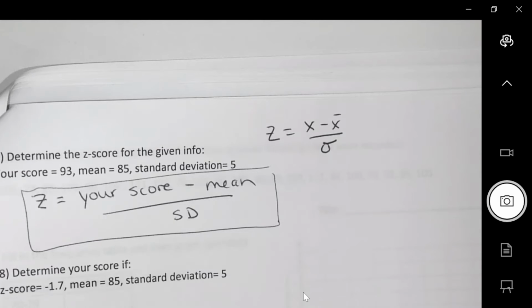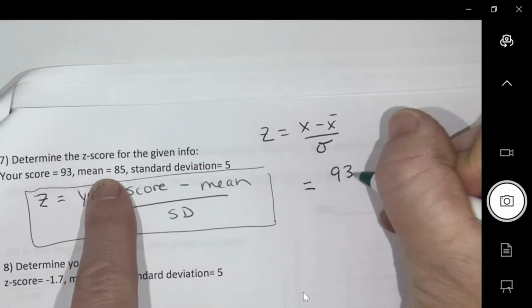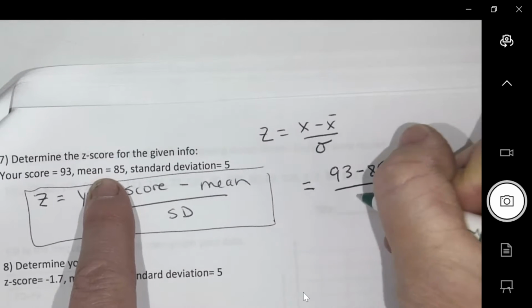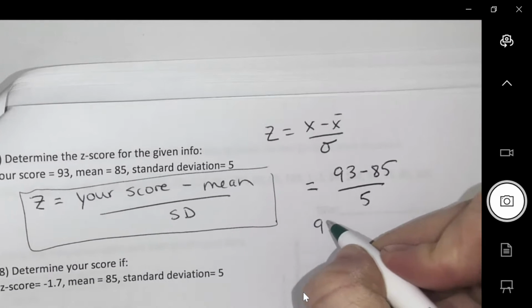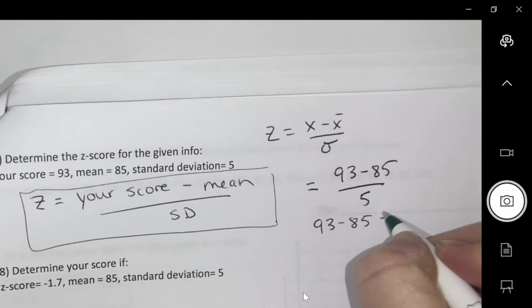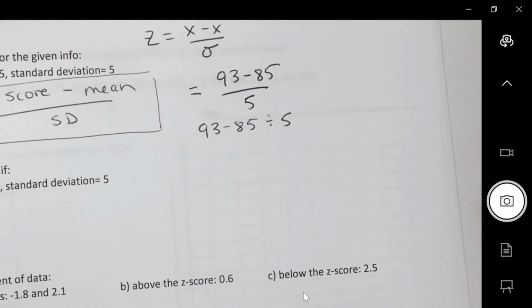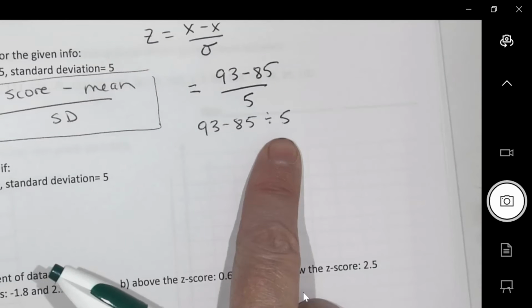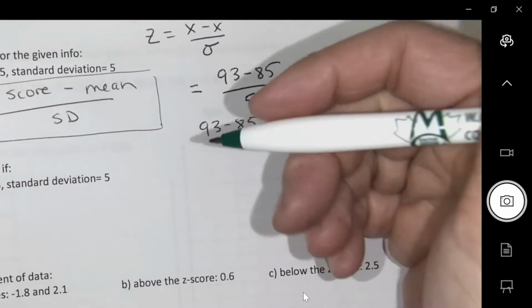Okay, so here we go. 93 minus 85 over 5. If I'm typing this into my calculator, I have to be careful, right? If I do it this way, it will get me the wrong answer. Do we understand that this is wrong in our calculator? What would I need to do?